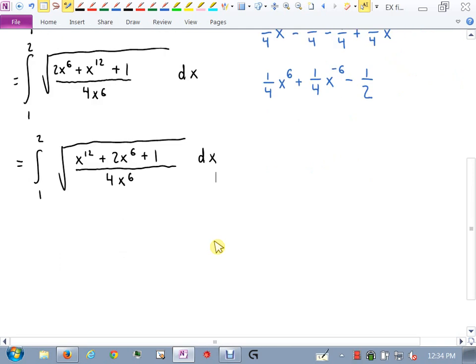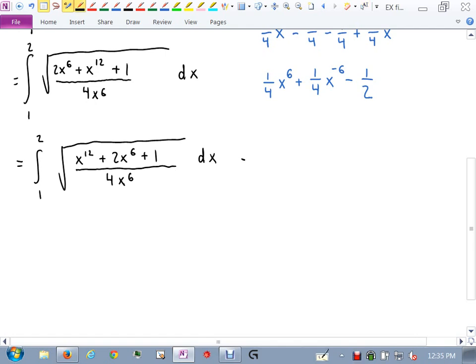Anybody recognize the numerator? How many terms in the numerator? It's like a quadratic type, isn't it? It almost looks like x squared plus 2x plus 1, which does factor. But this one isn't going to be x squared plus 2x plus 1. This is x to the 12th.